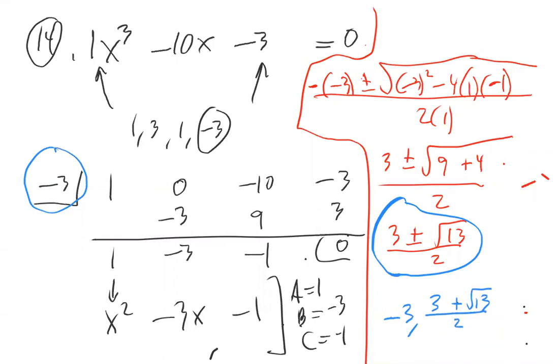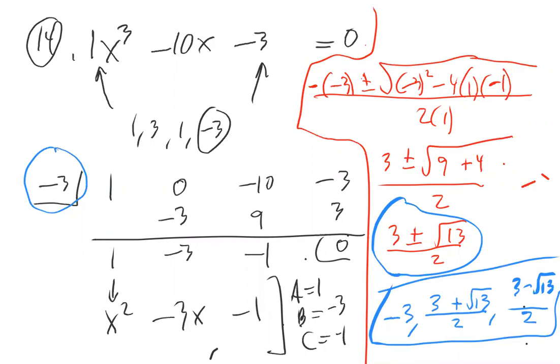I would recommend putting your fraction in ahead of time, and then tapping the top and then the bottom, and then a comma, and then another fraction ahead of time. You might need to put a space after the comma, by the way. And then 3 minus the square root of 13 over 2. So those 3 answers written separately with commas between them, that's how you'll enter your answers.